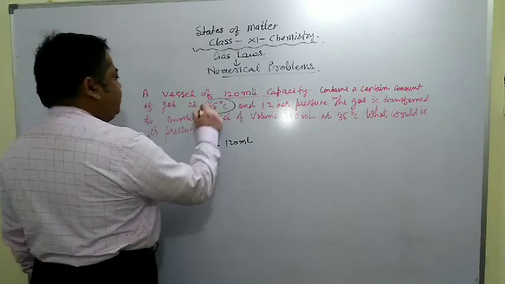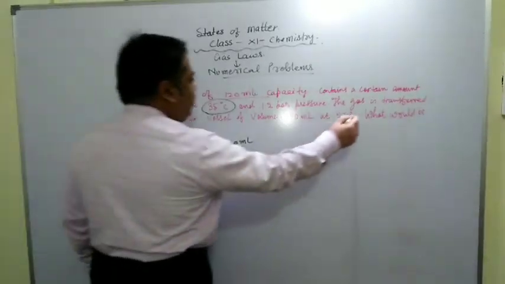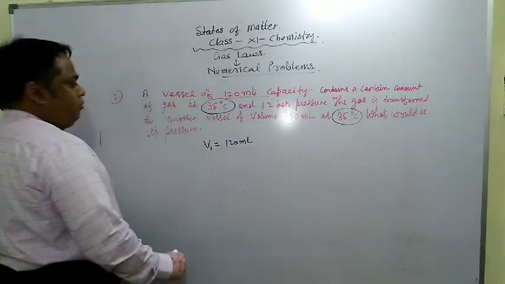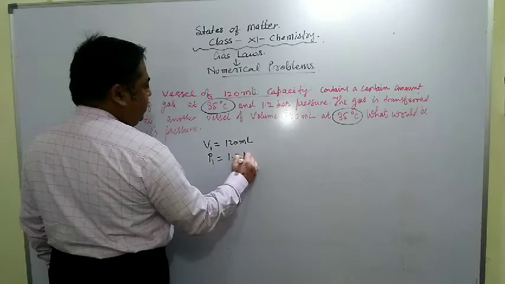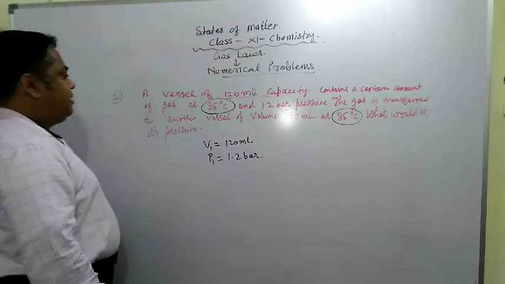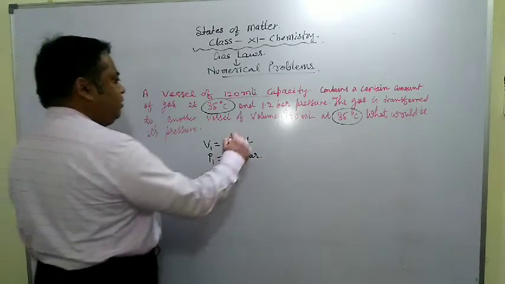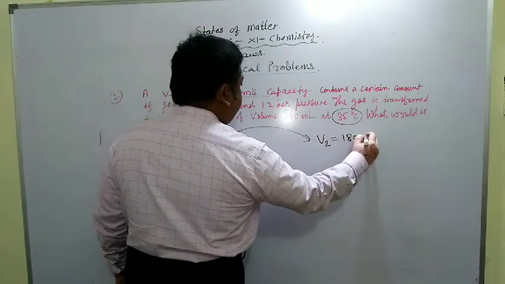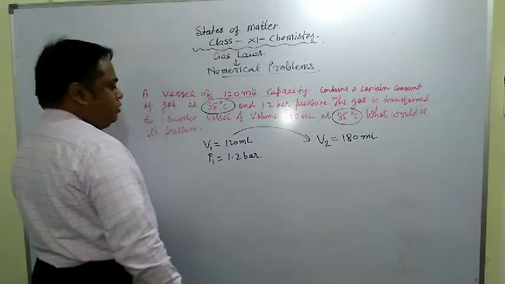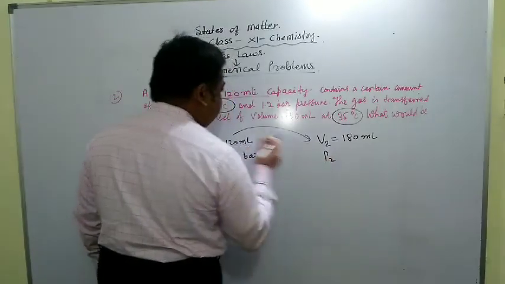Temperature is 35 degrees C, common for both the cases. Pressure P1 is 1.2 bar. The gas is transferred to another vessel. So volume changes to 180 milliliter. We have to find out what will be the pressure P2.